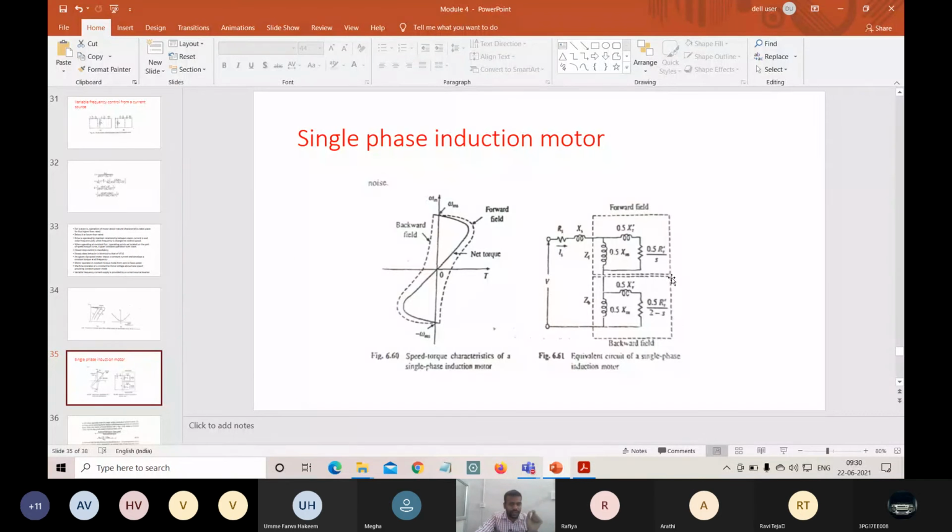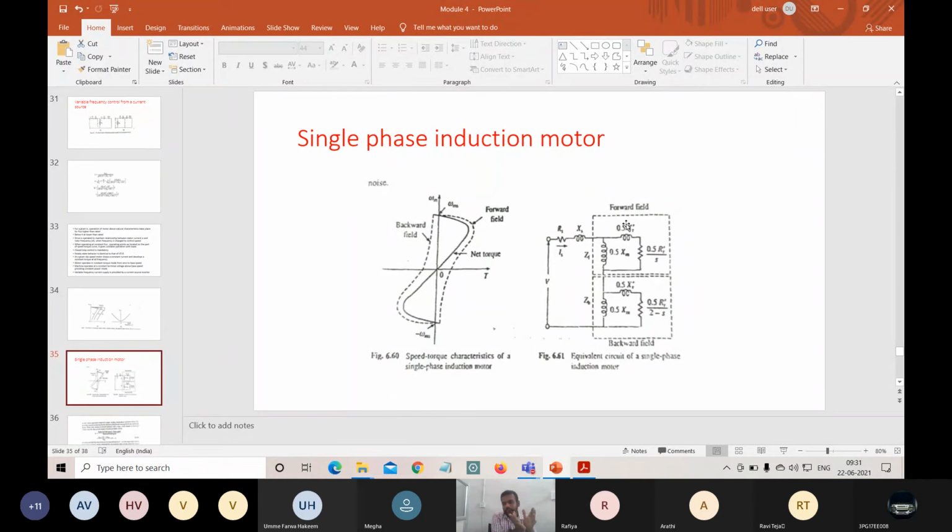I have also told this while explaining the equivalent circuit in the first class, why it is s and why it is 2 minus s. So I have to consider 2 minus s, and the circuit will be similar.